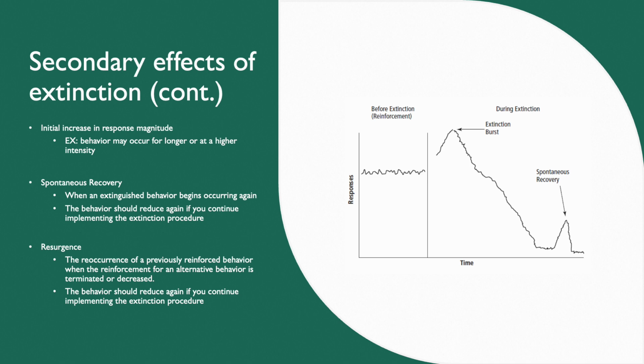Okay, so let's look through this graph really quick so that I can move on to talking about the next two secondary effects. So, like I mentioned, when you are beginning any intervention, you would collect baseline. Baseline is the level of the behavior prior to any intervention, or prior to the extinction intervention.